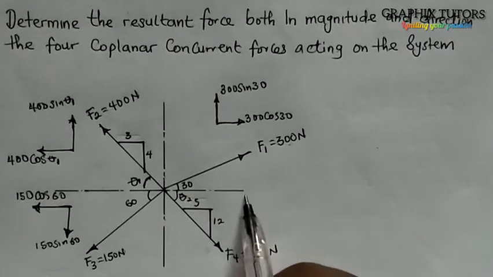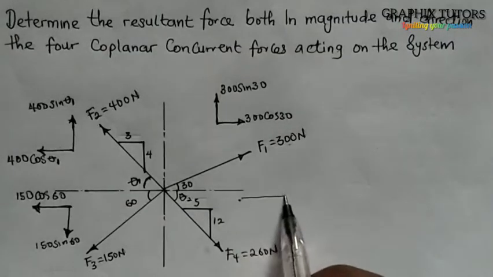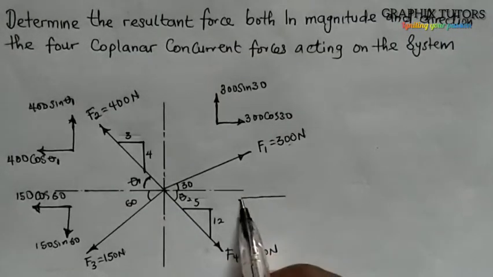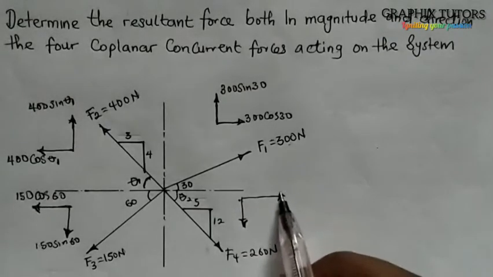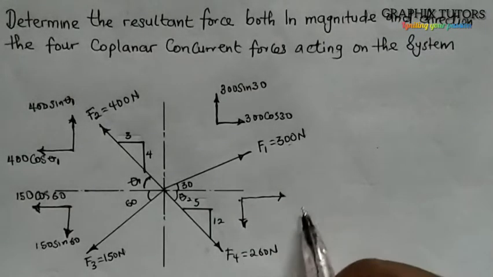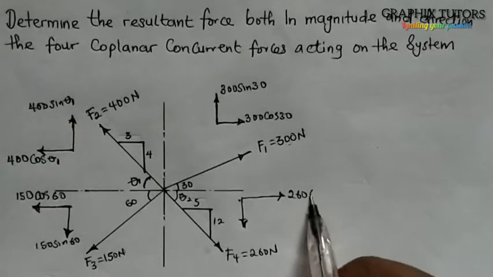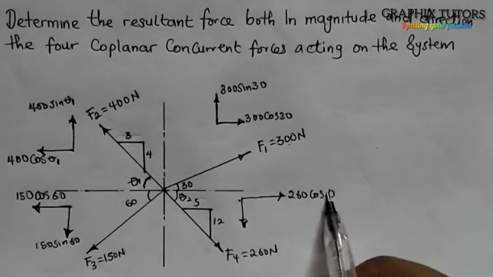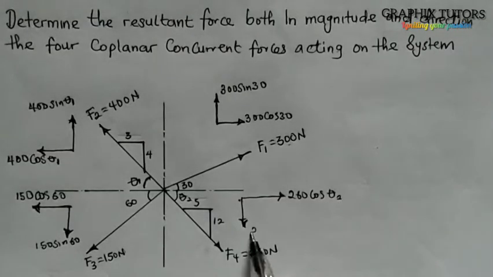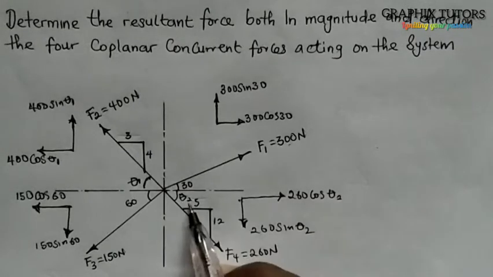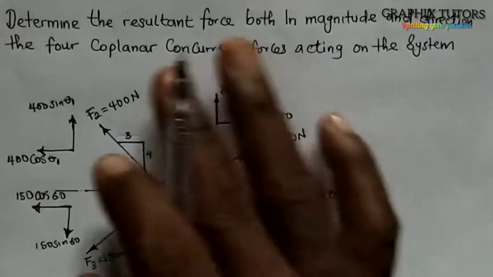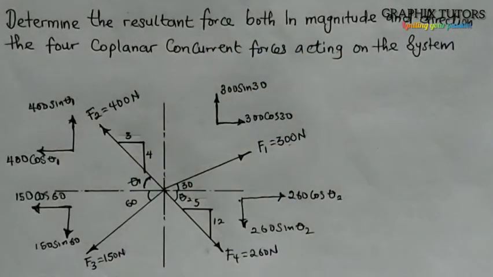So I'm going to draw a horizontal line, the one parallel to my x-axis, and another one parallel to my y-axis. Right? So here will give me 260 cos theta 2 and 260 sine theta 2, because we don't know what theta 2 here is. Now we've done successfully, and we're told to calculate for the resultant force.